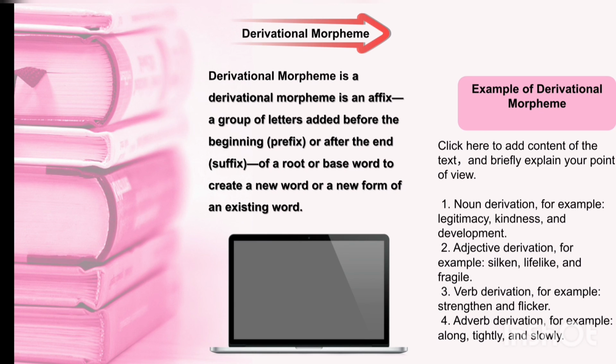Verb derivational, for example, strengthen and flaker. 4. Adverb derivational, for example, along, tightly, and slowly. And so many examples of derivational morpheme you can read in our paper.